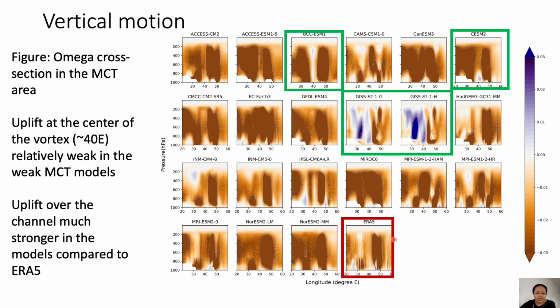But also, one thing is that there is an uplift over the channel, which is much stronger compared to ERA5. So this could explain the large rainfall over the channel itself, extended toward Madagascar, because we have this strong uplift, strong moist convection over the channel.